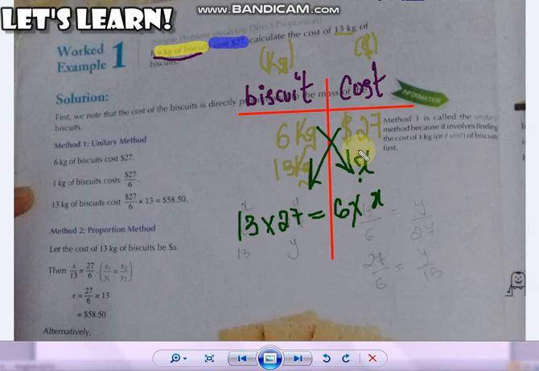So what do I need to find out over here? I need to find out the unknown value, that is the x. So I will make this x alone and move whatever is there along with it. First I will multiply 13 into 27.